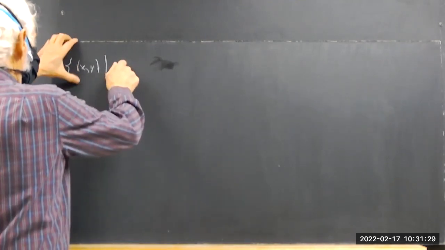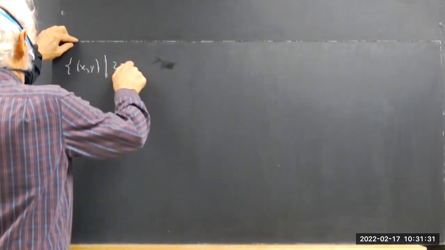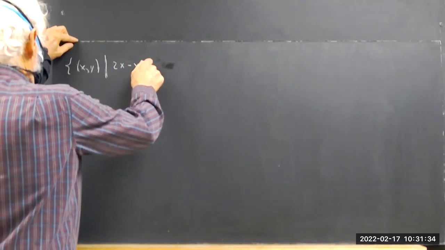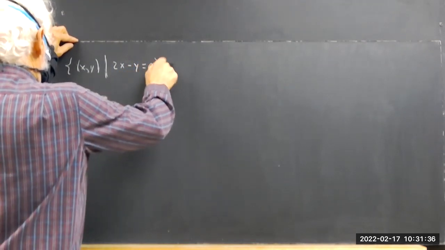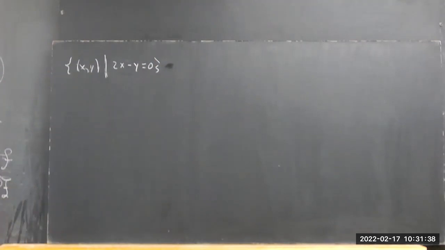Okay, well, that's the set that satisfies 2x minus y equals 0.